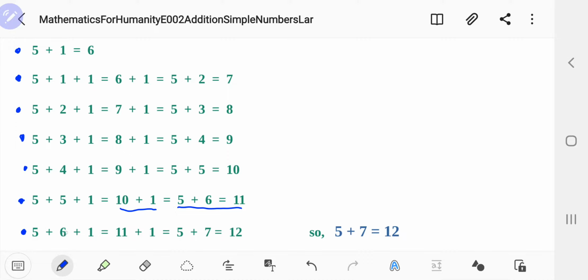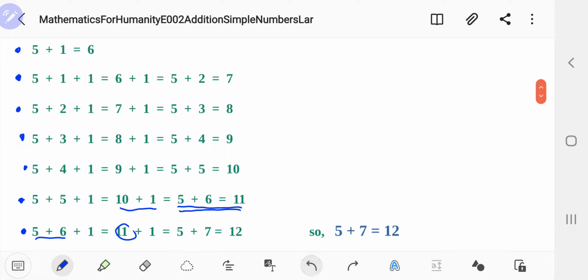5 plus 6 plus 1 is, what is 5 plus 6? 5 plus 6 is 11. So you have 11 here. But you are adding 1 here, which will give you 12. 11 plus 1 is 12. But also, 6 plus 1 is also 7.